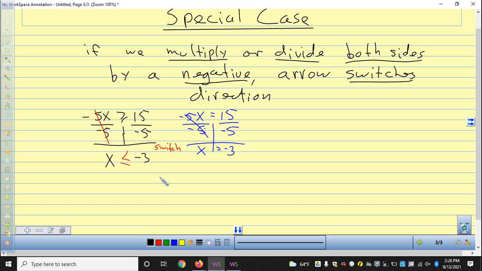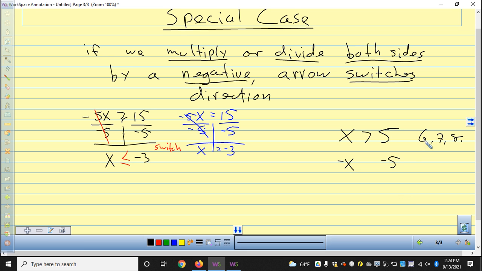Yes? Can you tell me why they made that concept of switching the arrow? Okay, so let's say that x is greater than 5. What are the numbers that are greater than 5? 6, 7, 8, and so on. Well, let's multiply or divide both sides by a negative. So I'm going to say negative x, and then I get negative 5.